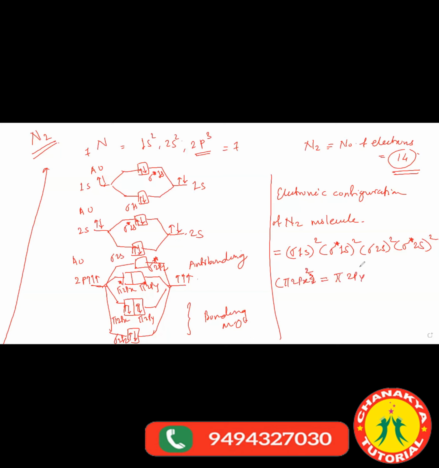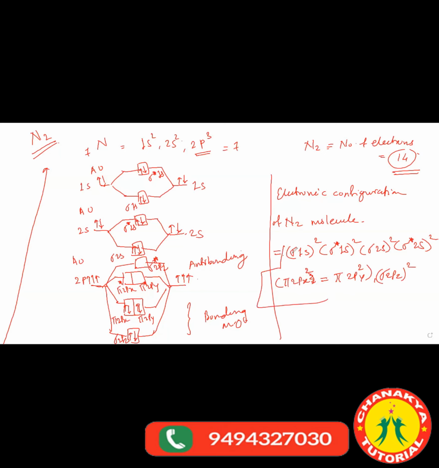This is 2 and this is also 2. And then here it will be sigma 2pz2. Correct? So this would be the electronic configuration for N2.